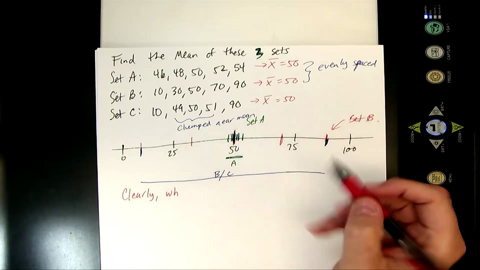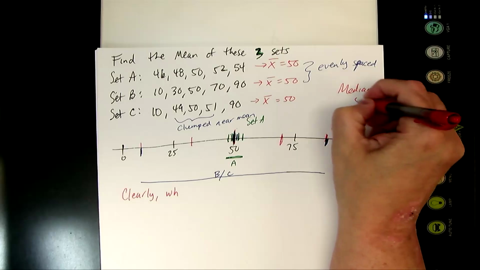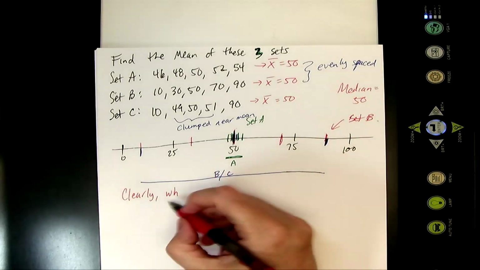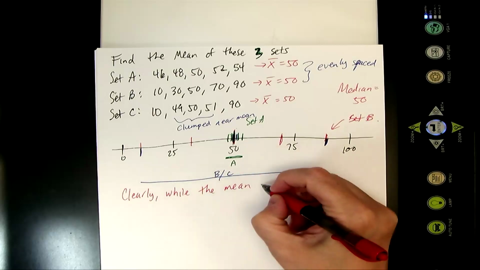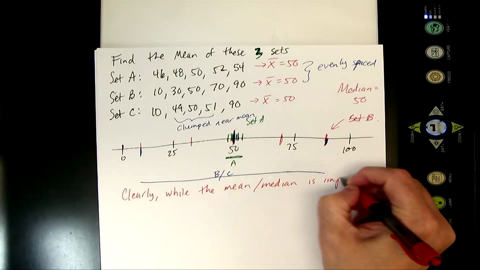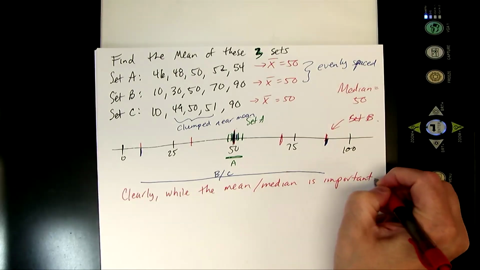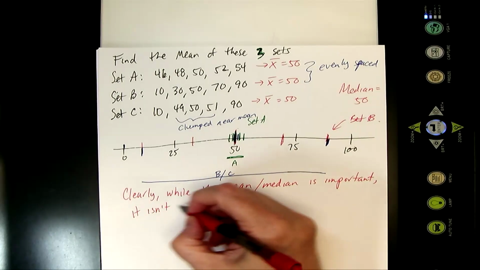And the same median, if we wanted to do median, the median is 50 as well. While the mean or median is important, it isn't enough to give a good summary of the data.